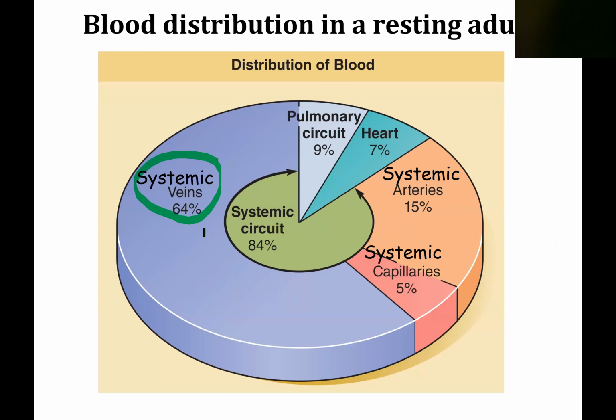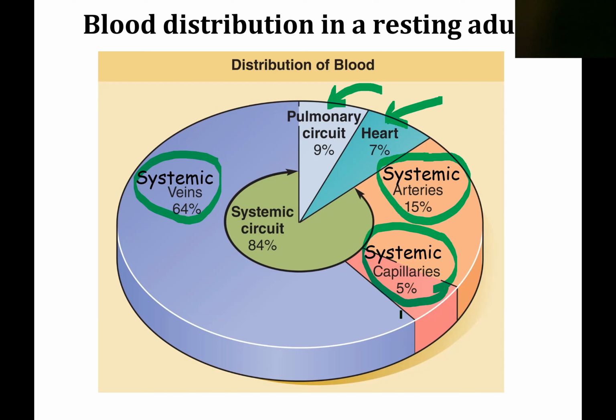And like we do with most things, we're going to go from largest to smallest. 15% of the blood in the body at rest is in the systemic arteries. 9% is in the pulmonary circuit. 7% is in the chambers of the heart. And 5% is in the systemic capillaries.